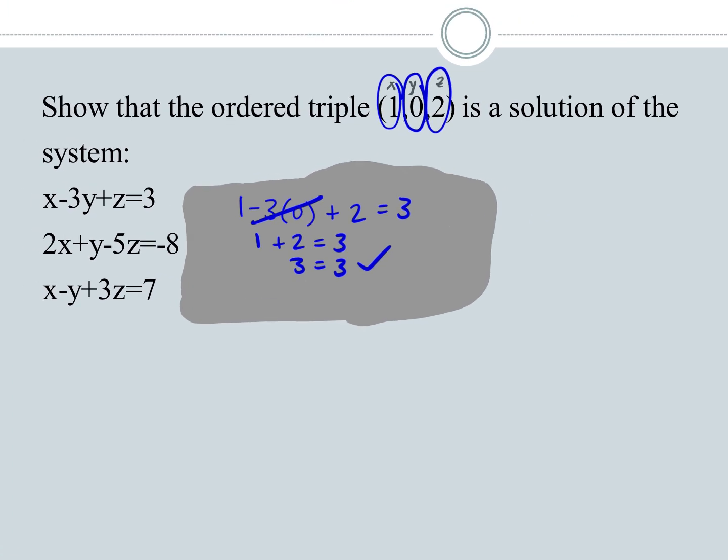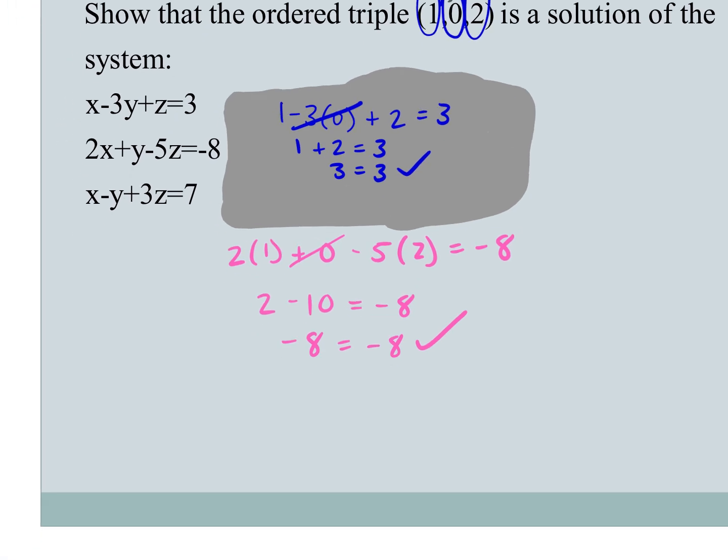Let's test the second one. So we have 2 times 1 plus 0 minus 5 times 2 equals negative 8. So 2, 0 is just going to go away, minus 10 equals negative 8. Negative 8 equals negative 8. Is this true? Yep, so it works in the second.